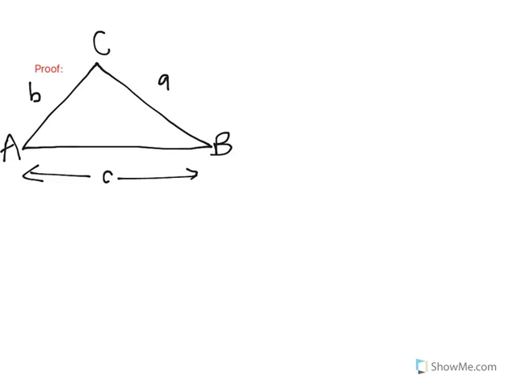Now this isn't a right-angled triangle. I wonder if there's any right-angled triangles hidden inside it though. It might be easier if we draw our altitude in. Call the perpendicular height h, and the point where the height intersects with the interval AB, we'll call that x. Wonderful.